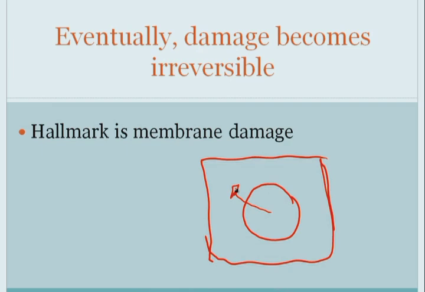It's going to basically digest the cell. So that would be one problem. And that's only further added to by the fact that calcium has already come into the cell, and calcium is an enzyme activator. So the presence of calcium and lysosomal enzymes within the cytosol becomes a very, very dangerous circumstance, which obviously would be another consequence of irreversible damage.